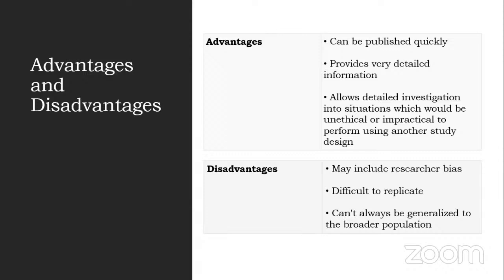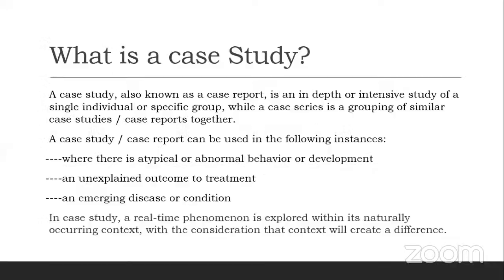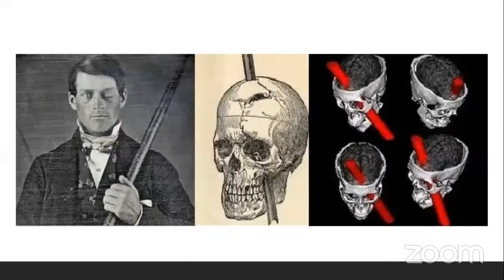Okay, so the case of Phineas Gage is one of its kind. It doesn't happen like that. If this kind of an incident ever happens to someone, that person is going to die. Okay, that's how it is. But somehow Phineas Gage survived. All right, so this particular case study is one of its kind.